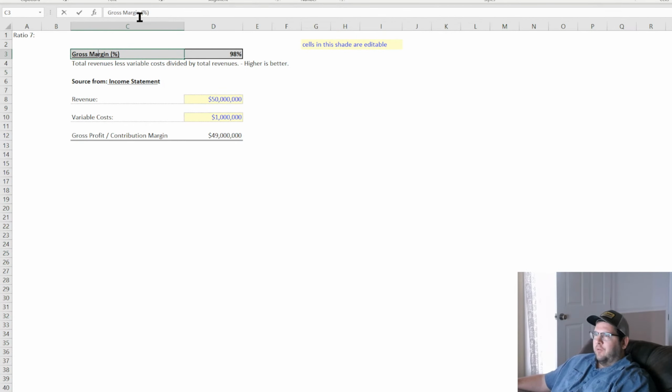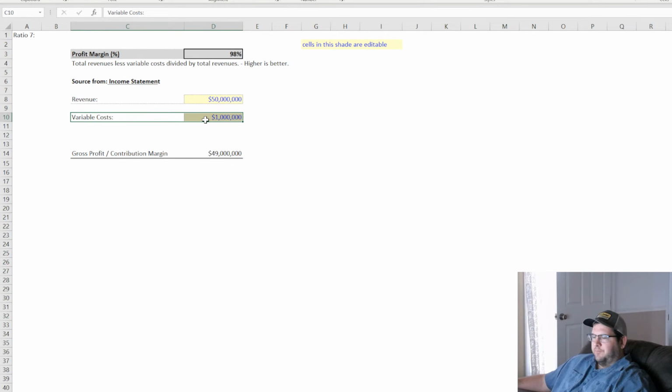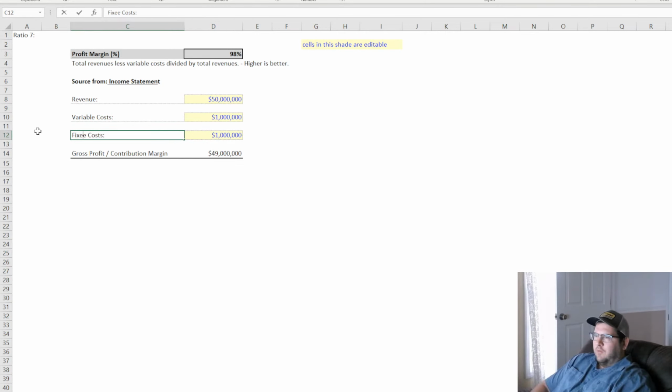Now profit margin is just taking into account fixed expenses, and then like fixed costs.